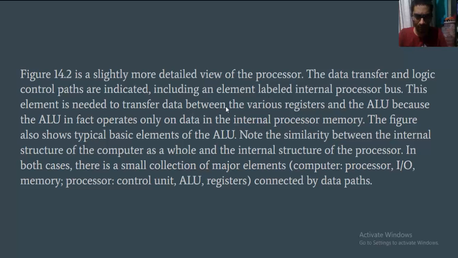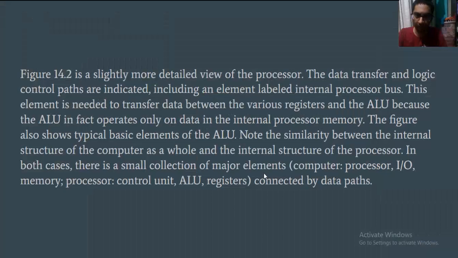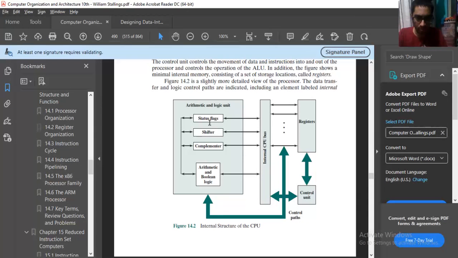This element is needed to transfer data between the various registers and the ALU because the ALU in fact operates only on data in the internal processor memory. So the internal CPU bus is required to transfer data between various registers. These are the registers here.